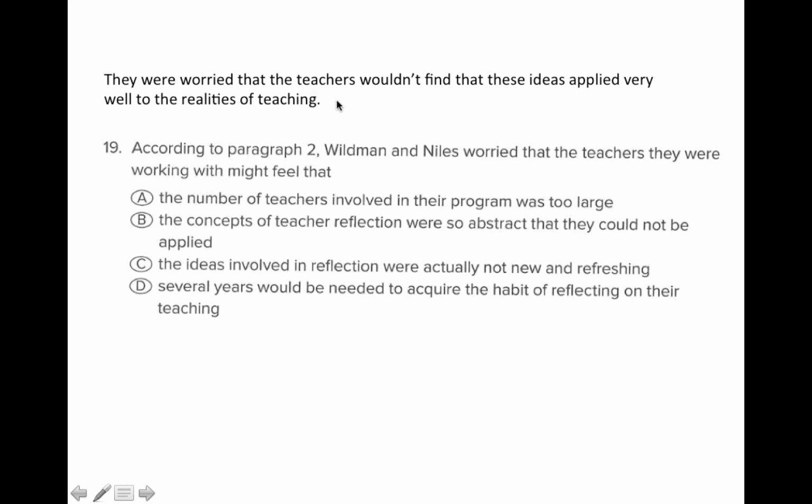Taking my summary statement, looking at it compared to the different answer choices, answer choice B best connects to this idea of an application between the ideas and the situation of teaching.